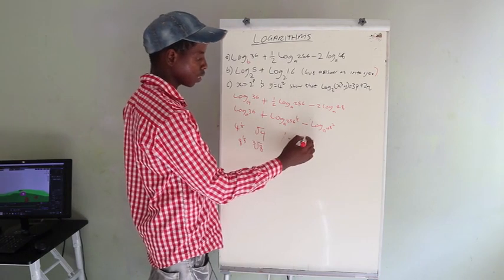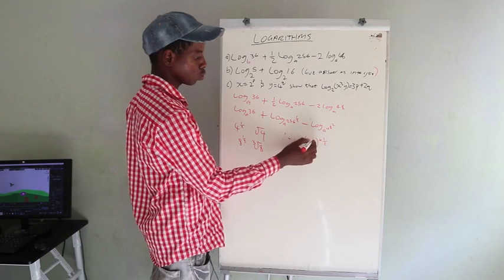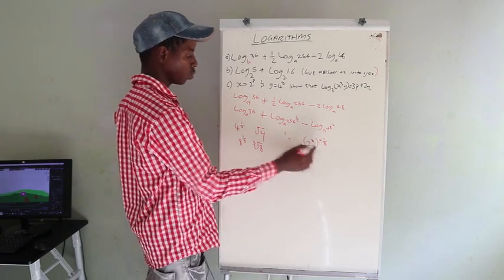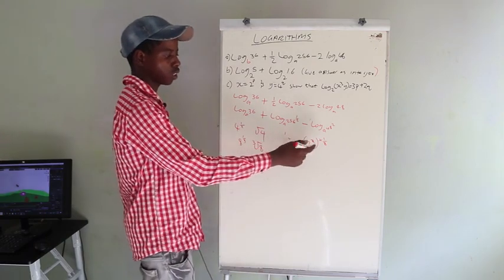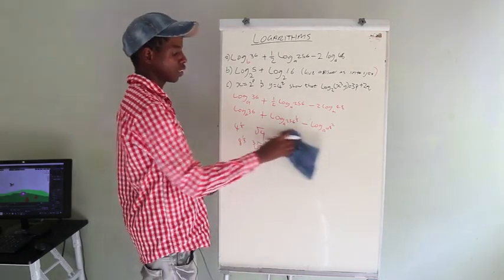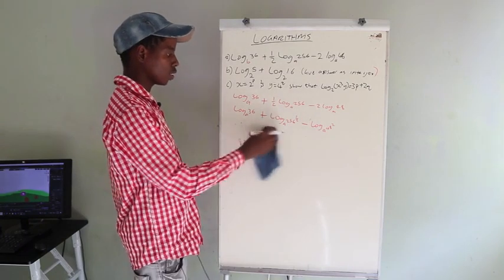So when we multiply this by half, 2 times a half cancels, it is 1. So that's why the square root of 4 is 2. 2 to the power 1 is 2. That is the point that I wanted to emphasize here from 256.